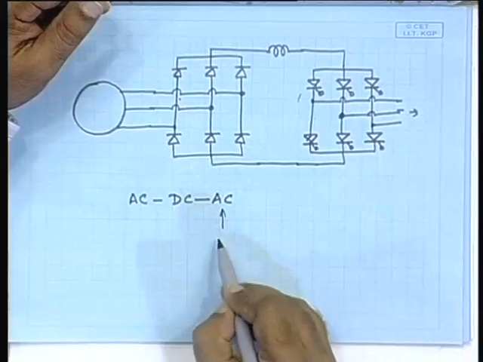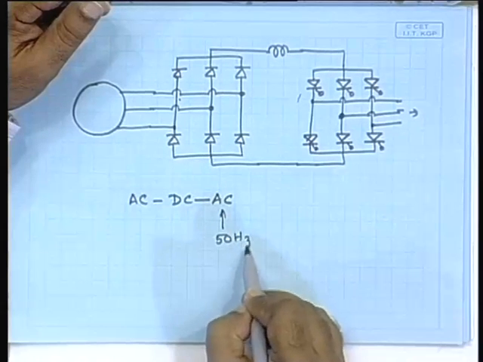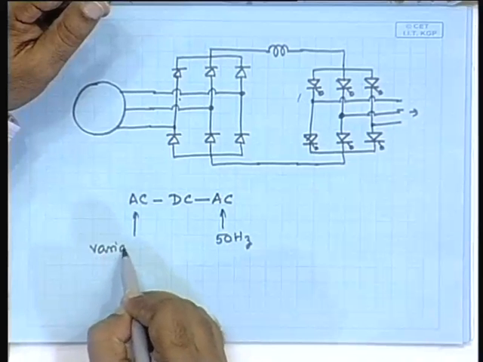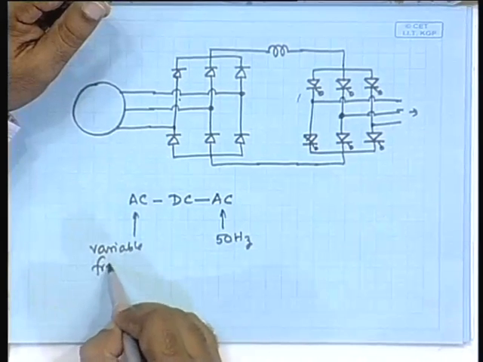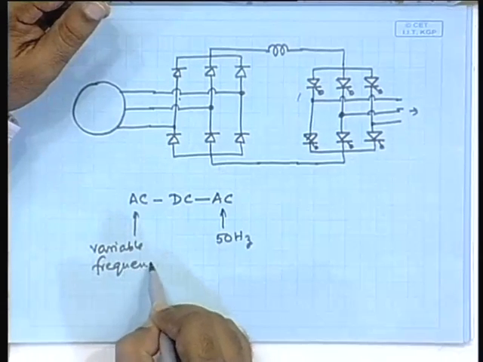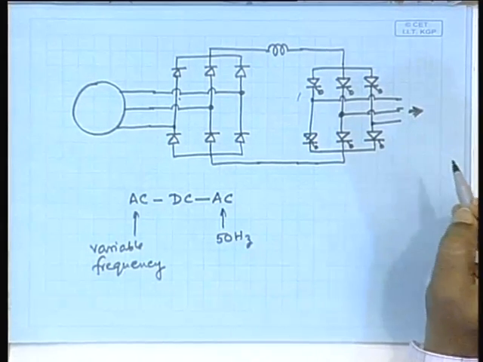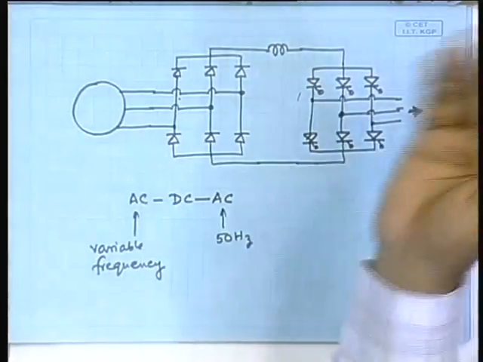this AC is at 50 hertz and this is at variable frequency. So, this is what goes into the load or to the power line.